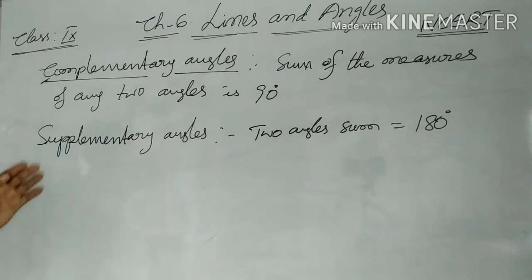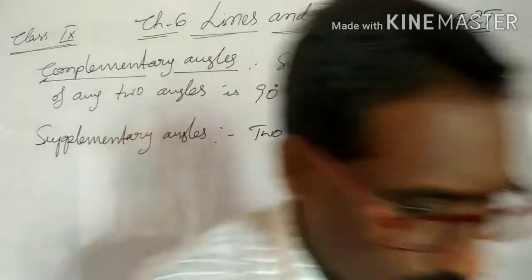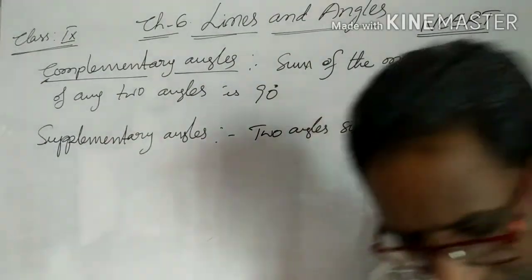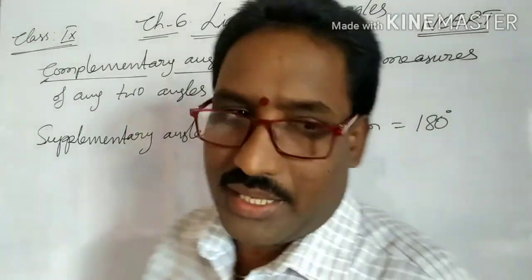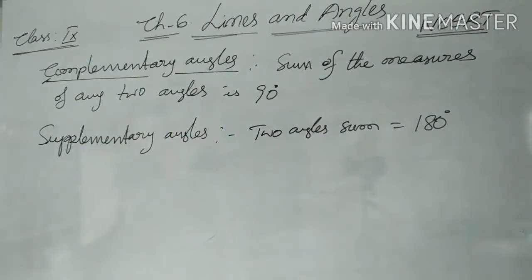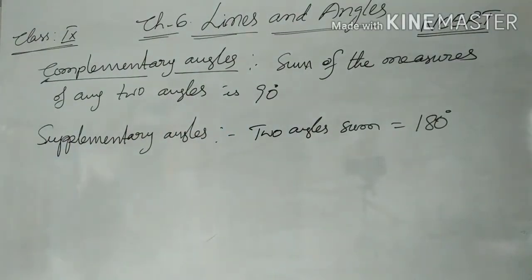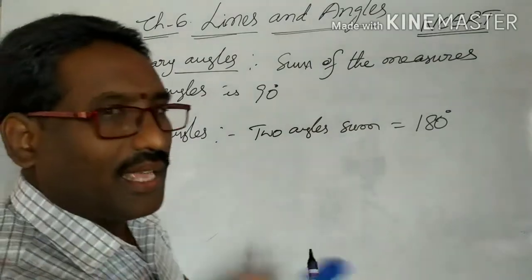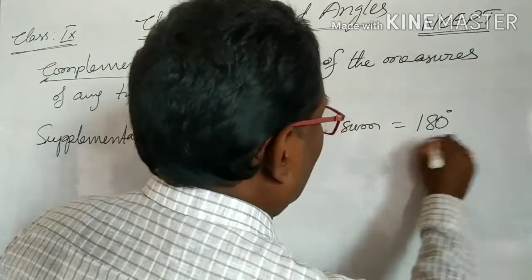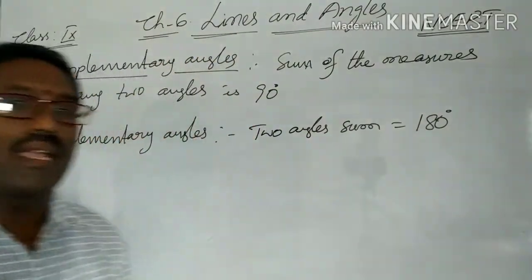That is called supplementary angles. Sum of the measures of two angles is 90 degrees, that is complementary. Sum of two angles is 180 degrees, that is supplementary.